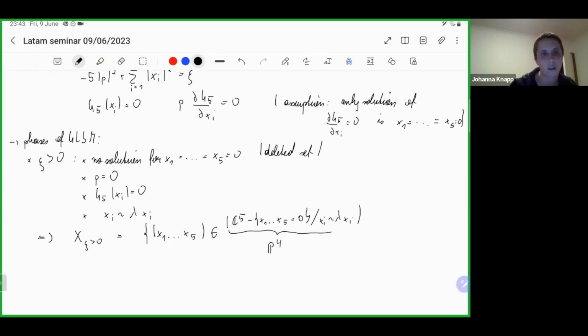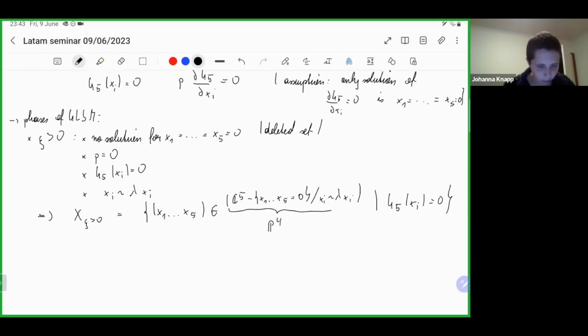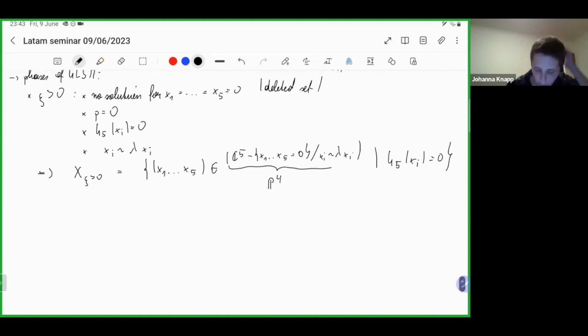And that really came out of the solutions to the vacuum equations. And then G5 of xi is equal to 0. So we have discovered the quintic as the ground state of a supersymmetric gauge theory, and we only needed to look at the scalars. So this was sort of the main message I wanted to bring across in this talk. The Calabi-Yau is a vacuum equation of the gauge linear sigma model.